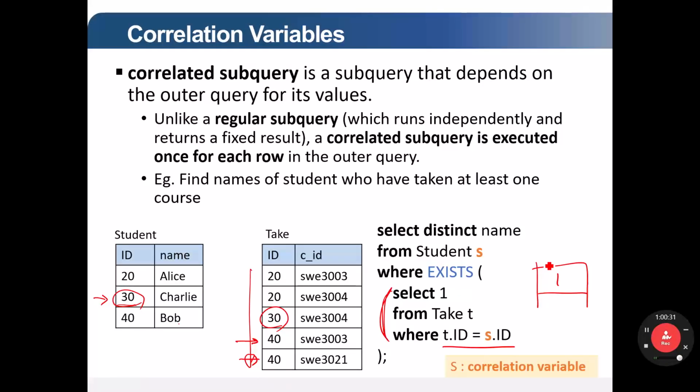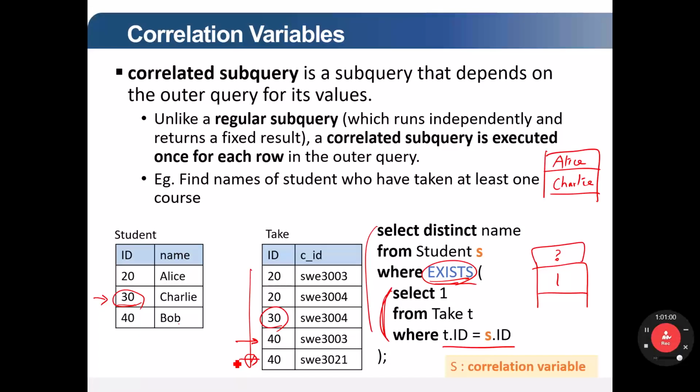So just one single record is inserted into an intermediate table, and then we check if the intermediate table is empty or not. It is not empty, therefore exists returns true. So Charlie will also be inserted into the output table of the whole query. So this is the total output. Alice was inserted previously. Charlie is now just inserted.